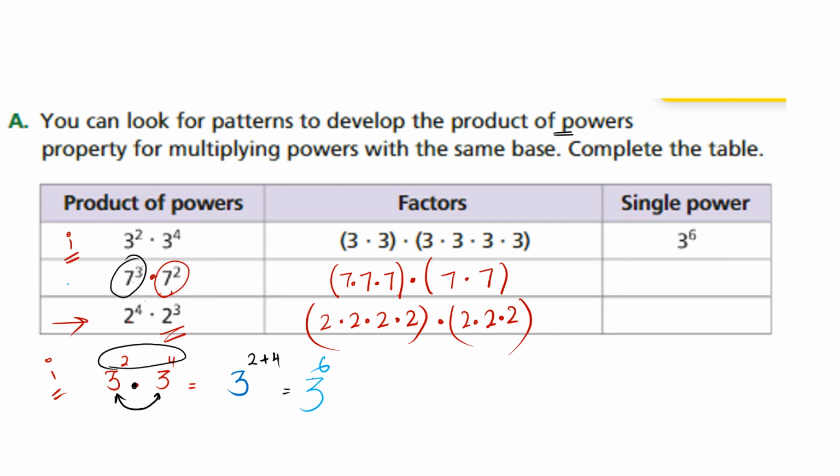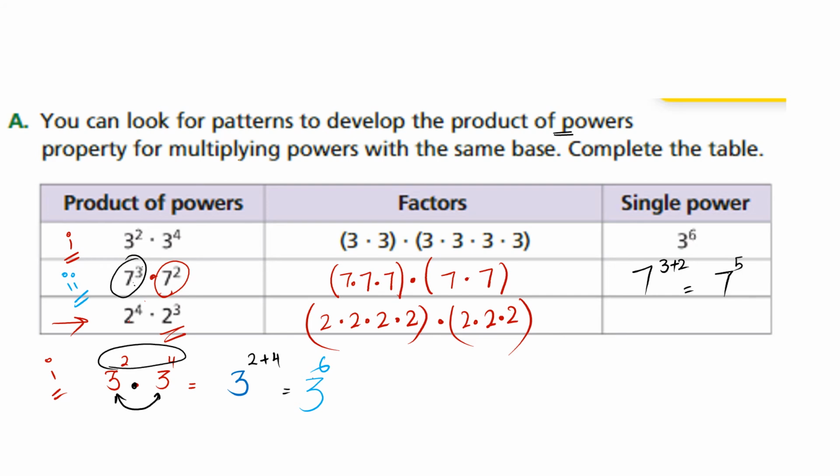Let's try to do number 2 and number 3 ourselves. Okay, so we will write 7 one time because the two bases are 7. And because they are multiplying, what do we do with the power? Yes, we will add the power. So 3 plus 2 gives you 7 to the power of 5.